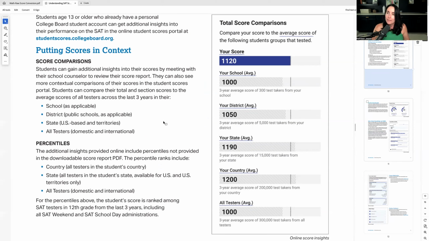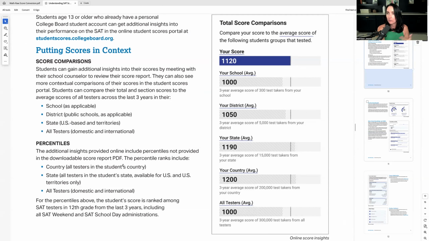Now, another thing you can do is look at your score compared to other people who took the test. That's okay. I mean, comparison isn't the best thing in the world, but some people like to look at it. So you can see your score is at 1120, but the average school score was a 1000. So you are above the average. Your district was at about a 1050. Your state was a little higher than you at 1190. And the country's average was a 1200. And then all the test takers average together was 1000.